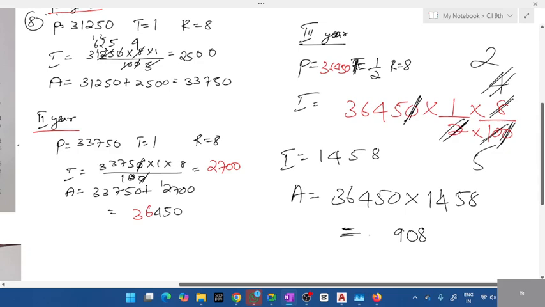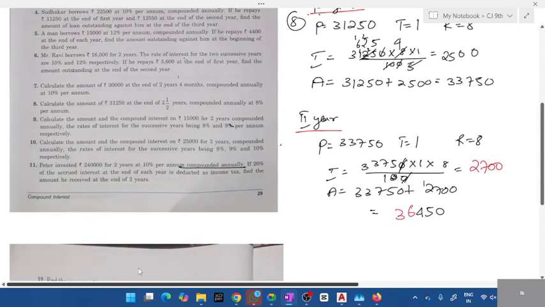Yeah, what's the final amount? Why is nobody answering? Got it wrong? 37,908. Which question was this? Ninth question. 37,908. Is it clear? All of you understood the eighth question?